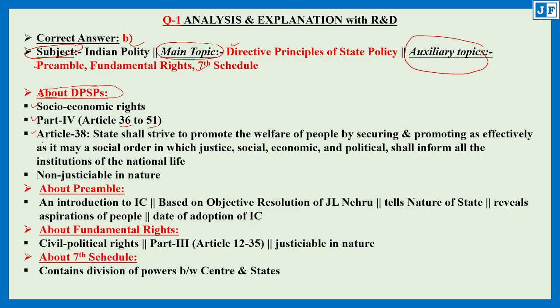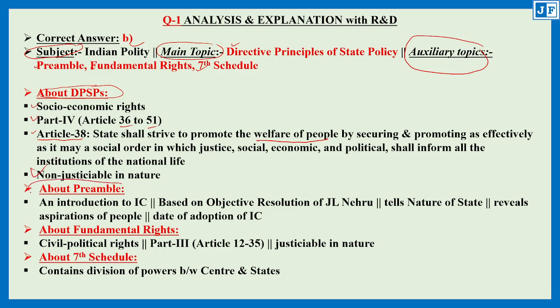In Article 38, it is mentioned clearly that the state shall strive to promote welfare of people by securing and promoting as effectively as it may a social order in which justice, social, economic and political shall inform all the institutions of the national life. This is one of the provisions. There are many other such provisions in DPSPs that are related to the idea of welfare state. These are non-justiciable in nature.